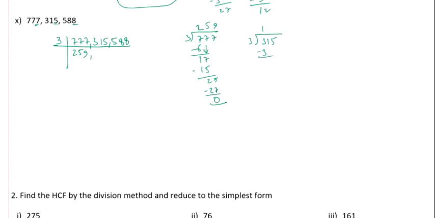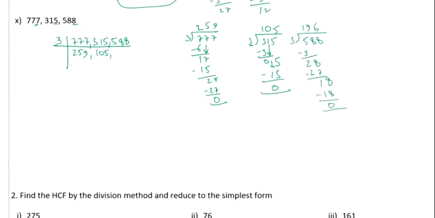You will get the divisor in the next case as 3 ones are 3, 1 is the remainder. Put a 0, 3 fives are 15 and you have 105. So 3 into 105 you get 315. Again the last sum, divide by 3 and there we get 196. 3 196s are 588.